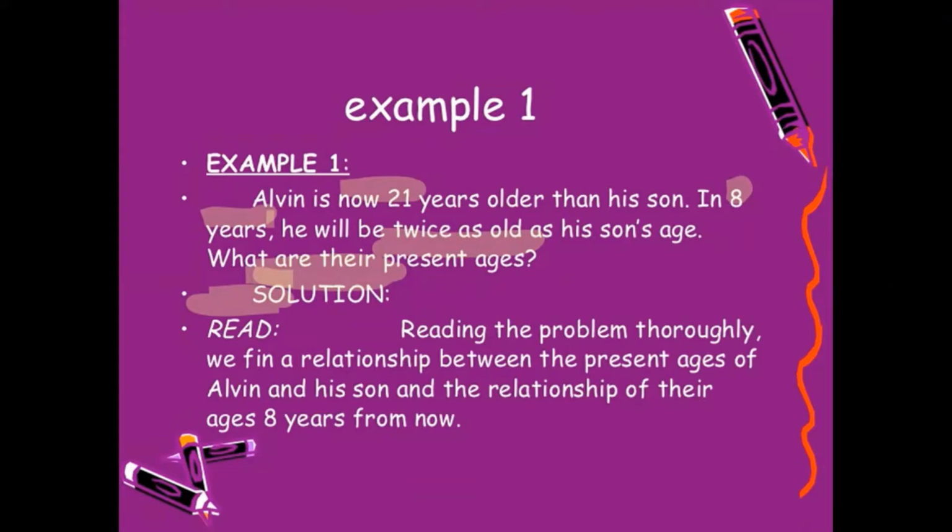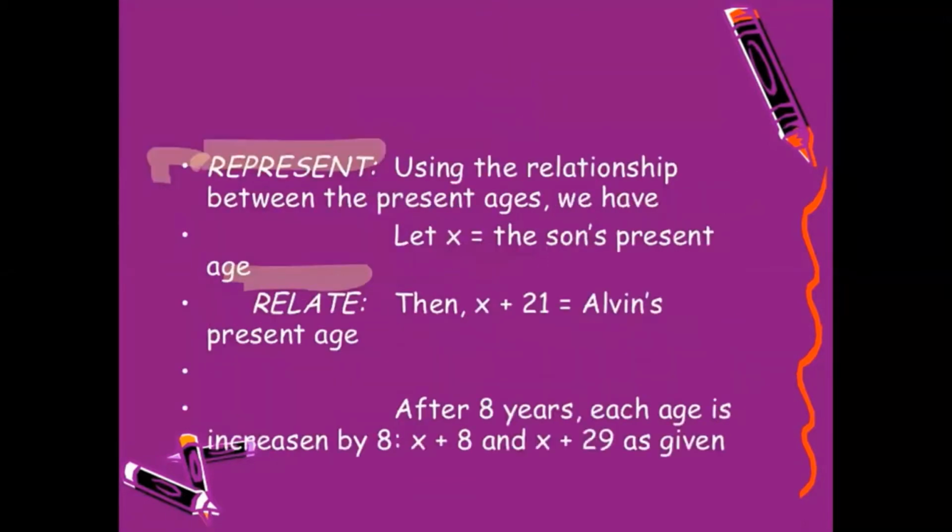Then we will have to calculate their ages after 8 years, so the future factor is also involved. Definitely the son is younger than his father, so we will let his age be X.